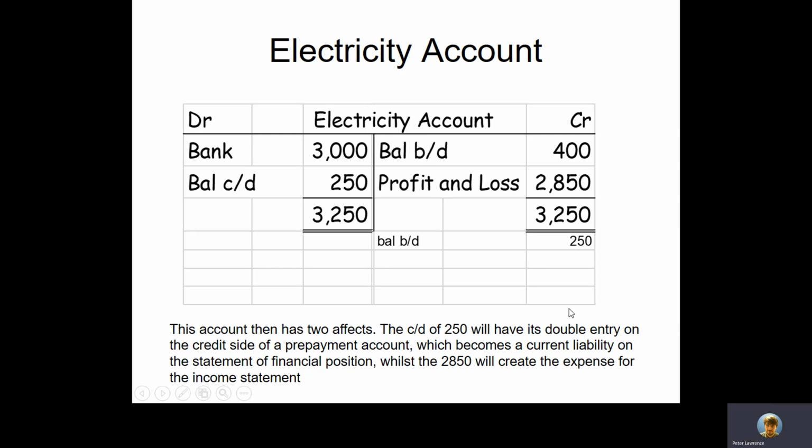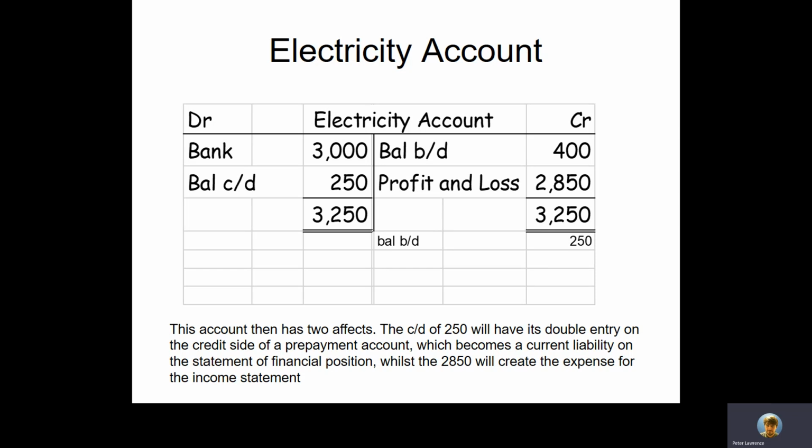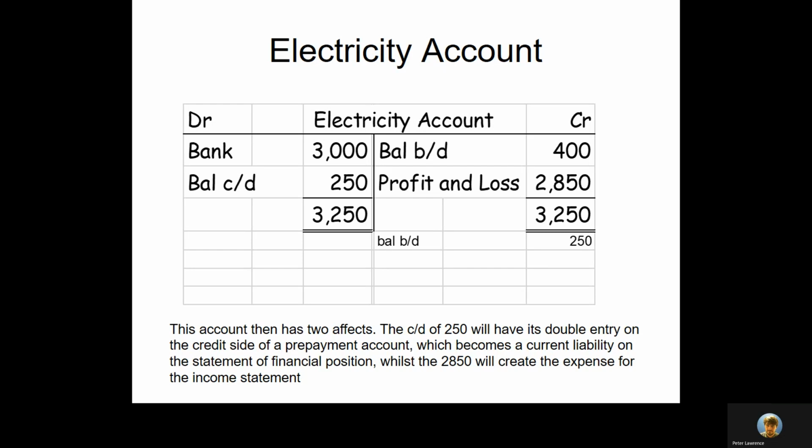We're going to put it to a current liability, which we can see on the next slide. So at the end of the year, because we owe it, it's a liability. So it's going to go to an accrual account as a current liability. There you go. So that is how you deal with an accrual.